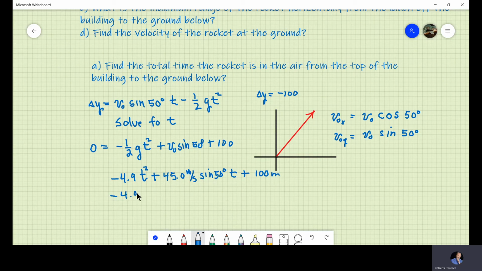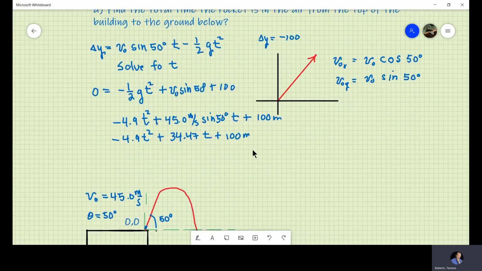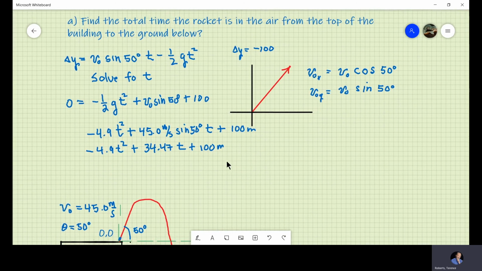Minus 4.9 t squared plus 34.47, this is the 45 meters per second times the sine of 50 degrees, t plus 100 meters. Okay, so let's keep on going here.